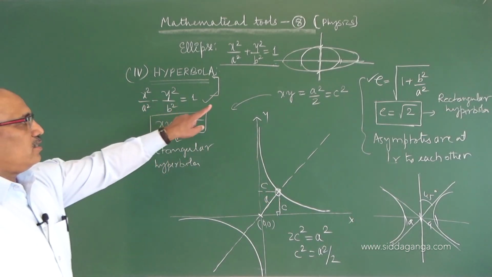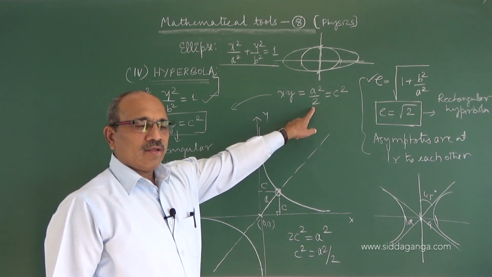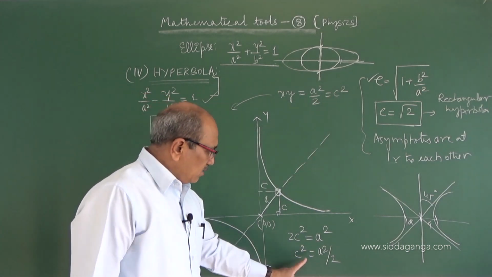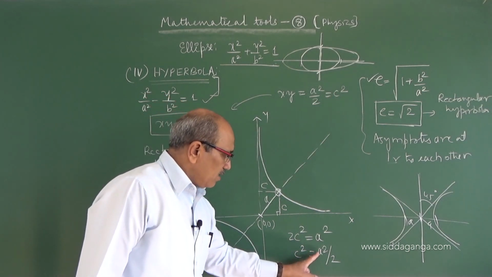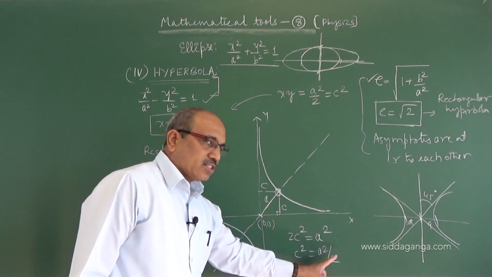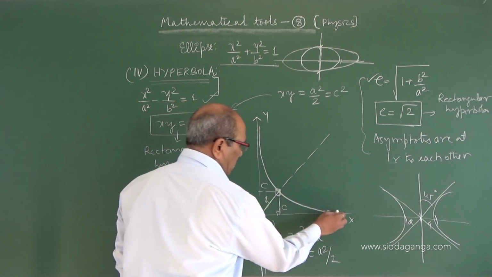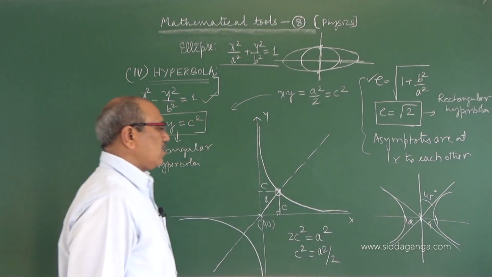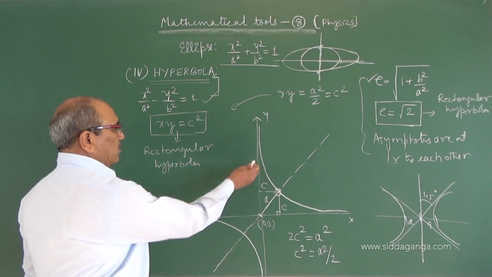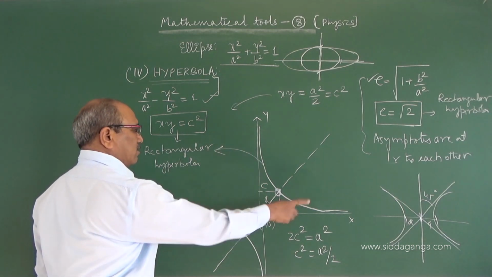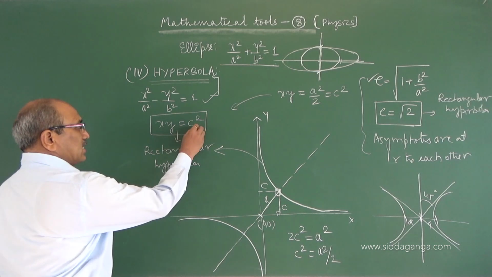That's what I took here. c is nothing but a by root 2, or c square equal to a square by 2. When you turn the shape that is appearing on this graph, we call it a rectangular hyperbolic variation. How? c is a constant.